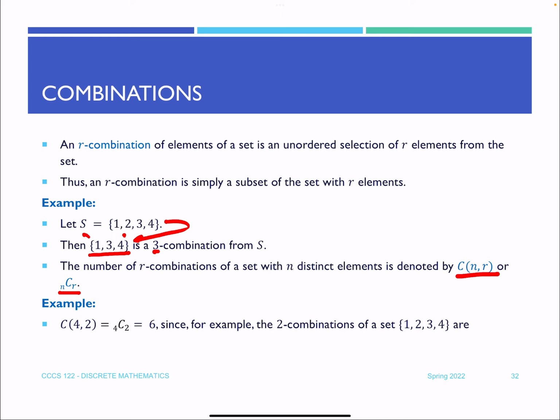We want to find C(4, 2), the number of 2 combinations that can be picked from a set of size 4. The answer to that is 6. I can simply list all the possible 2 combinations for this particular set, and that would be all of these: {1, 2}, {1, 3}, {1, 4}, {2, 3}, {2, 4}, and {3, 4}.